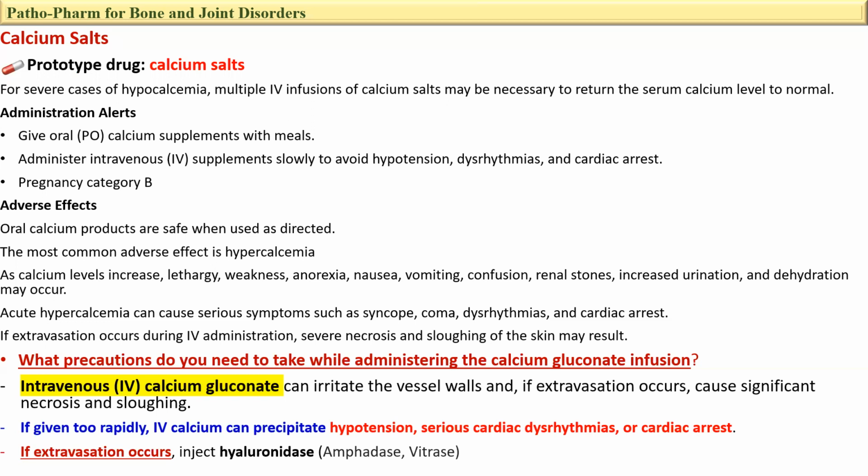In addition to preventing or treating hypocalcemia, calcium salts are administered for osteoporosis, osteomalacia, chronic hypoparathyroidism, during pregnancy, lactation, and rapid childhood growth. Also, calcium carbonate is a common antacid used to treat heartburn.